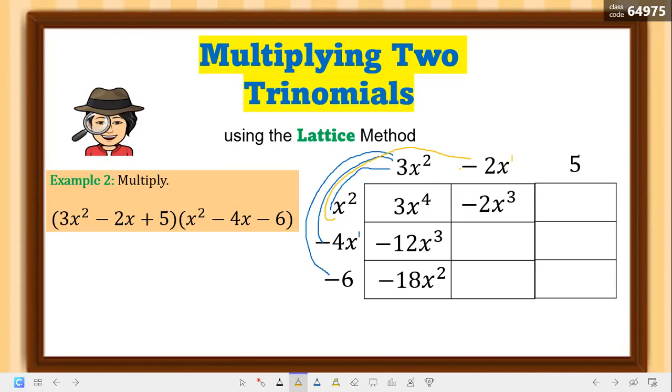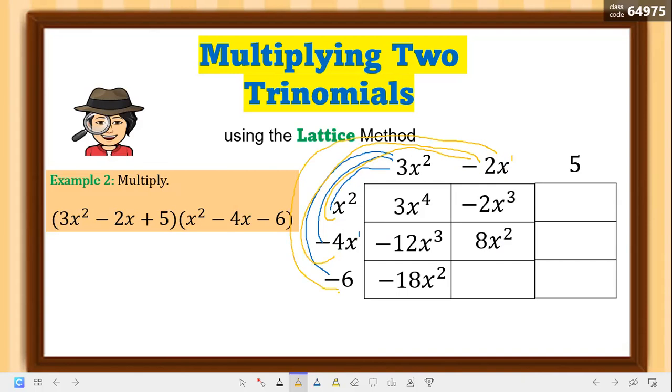O, dito tayo, second. Dapat makasunod kayo, ha? Negative 2x times negative 4x. Positive 8x squared. Okay, very good. Remember, may 1 tsaka may 1 doon na exponent. Kaya naging 2 to. Inadd mo siya using the law of exponent. Then we have this. Negative 2x times negative 6.